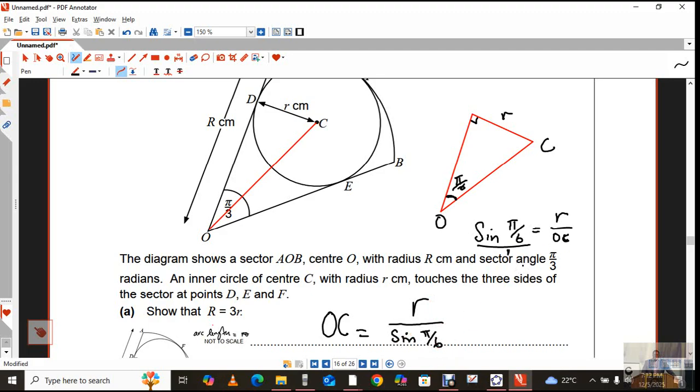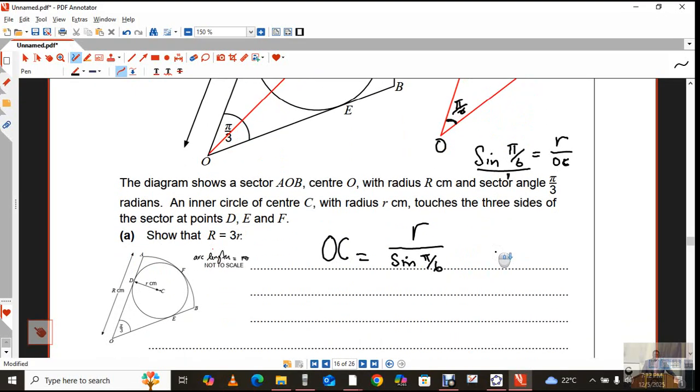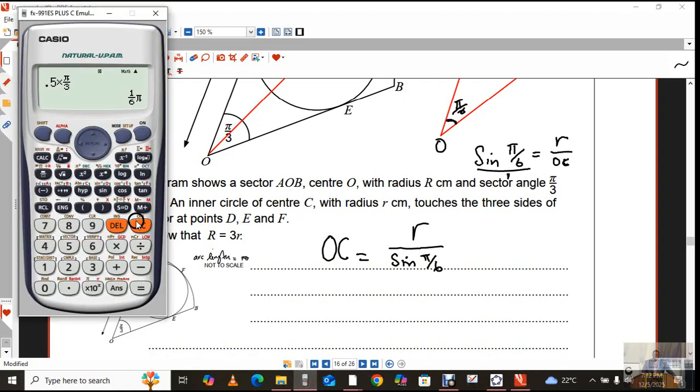So what is our value then going to be when we do that? Let's quickly see. If you know that the sine of pi over 6 is 1/2, but if you don't know, let's just change this to radians.